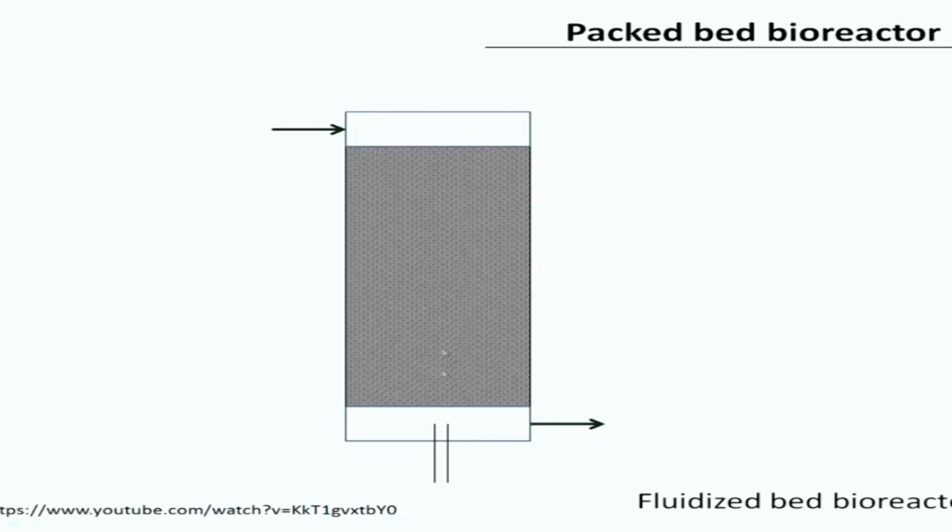You have a bed here which is packed, there is an inlet here, there is an outlet here, it could be continuous. Typically, these packed bed bioreactors are operated in a continuous way. This is where the bioreactions take place to convert the reactant into the desired product.